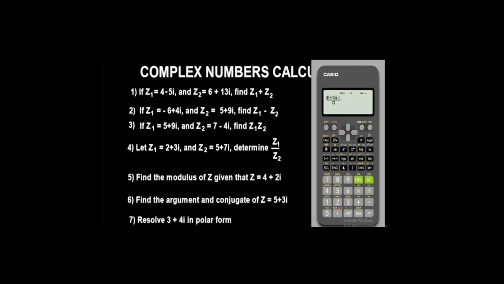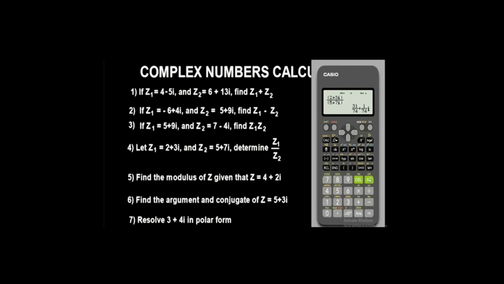So bracket, then over we have 5 plus 7i. So that's it. Close, press equal to now and get the output. So this is the output, 31 over 74 plus 1 over 74i. So that's it for question 4.